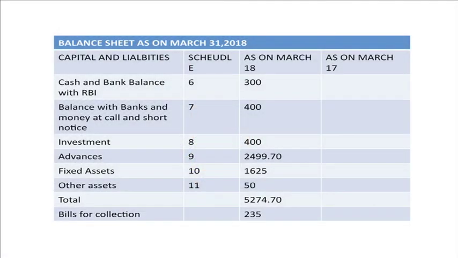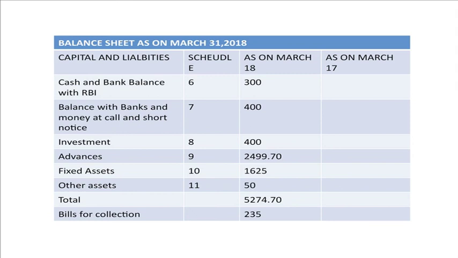Then we will move towards the asset side. Cash and balance with RBI is 300. Balance with bank and money at call and short notice, schedule 7, 400. Investment, schedule 8, we have placed the value as 400. Advances, schedule 9, this aggregate value 2499.70 is net of adjusted provision of advances.